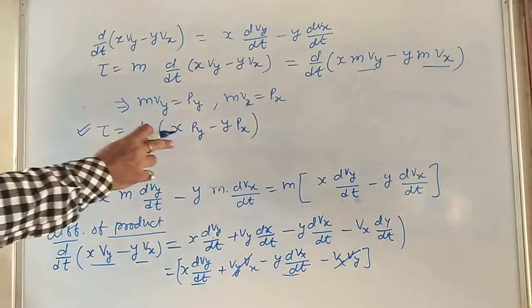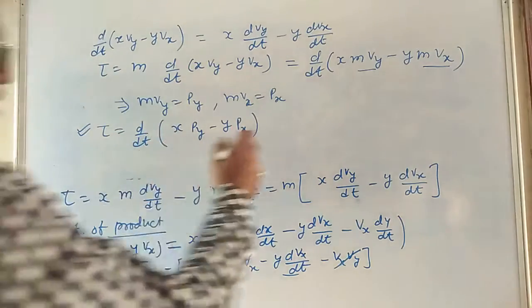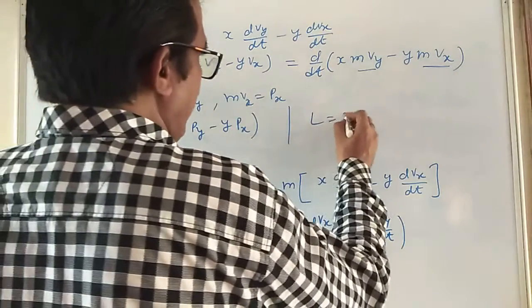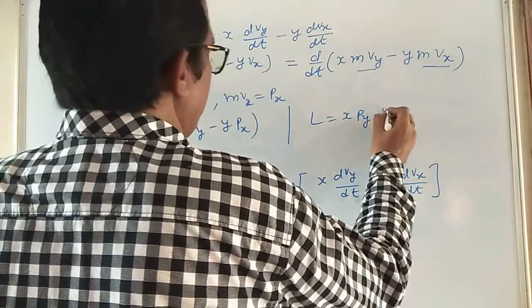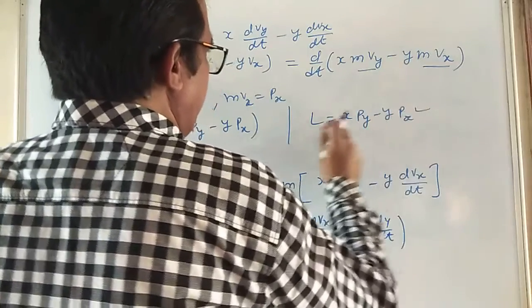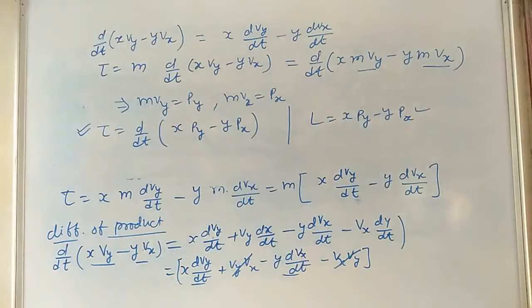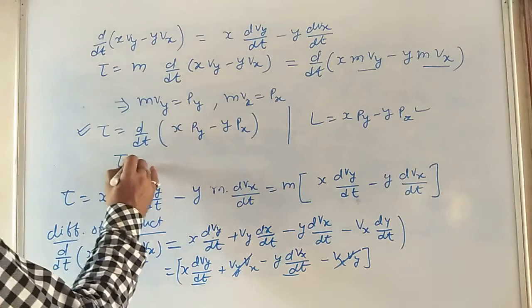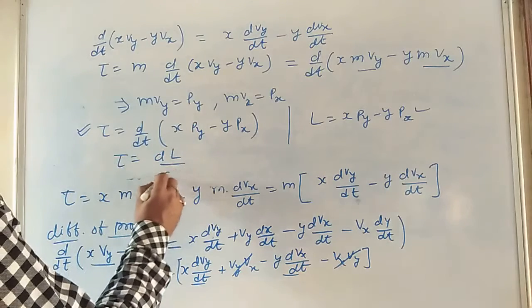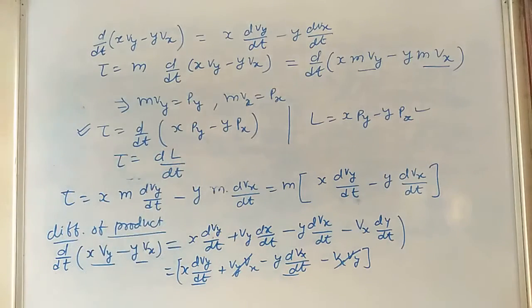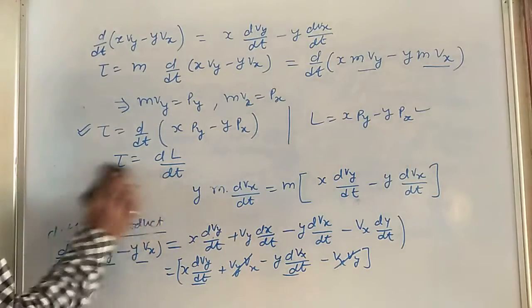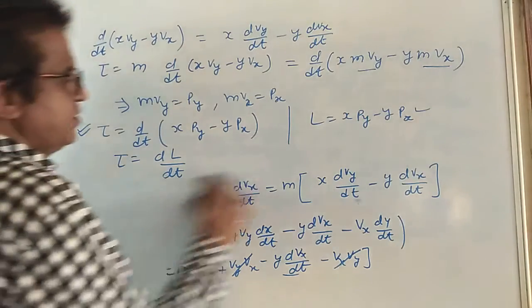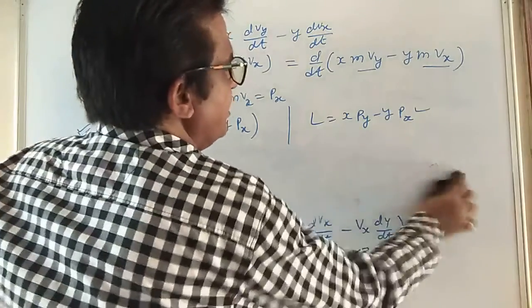So here the quantity x py minus y px is called angular momentum. This quantity can be represented by capital L. So torque comes out to be dL by dt. So torque is the rate of change of quantity L.